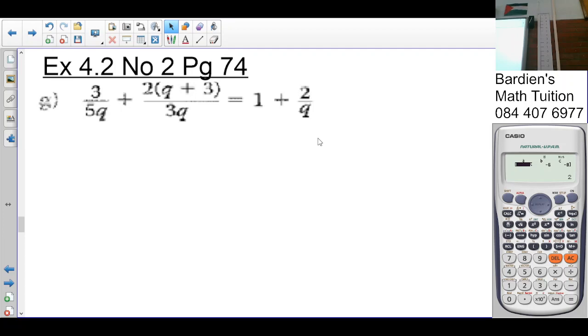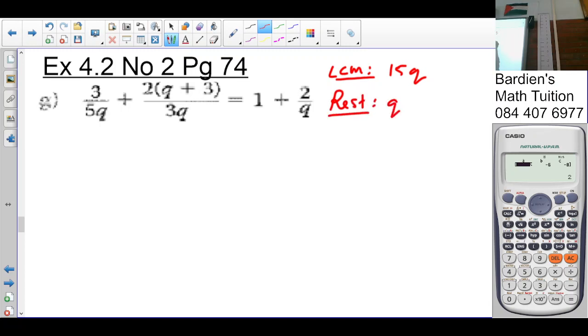Okay. But what's the LCM in the next one? 15q. What's my restriction? Q can never be equal to? Okay. So what must 5q be multiplied by? 3. So it's 3 times 3. What must that be multiplied by? 5. And 5 times 2 is 10. That's over 1.